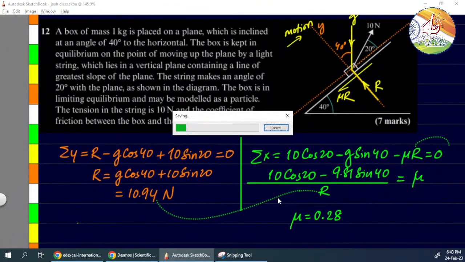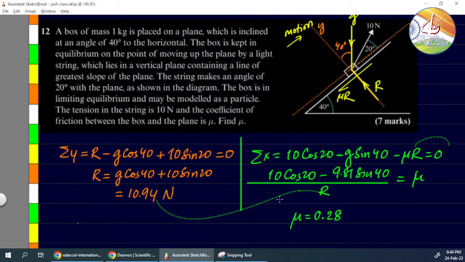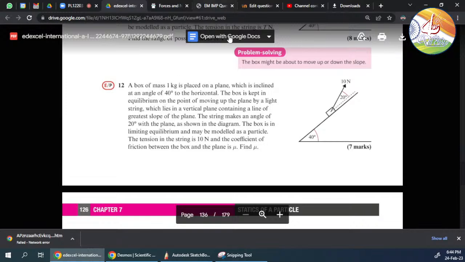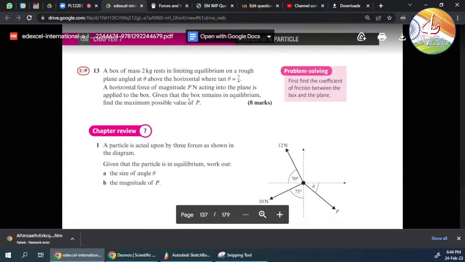Correct? Okay. So, the 12th one is over; now the 13th one.